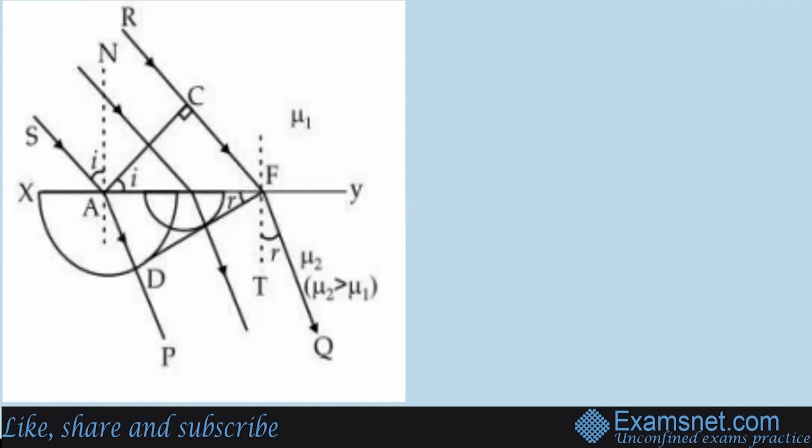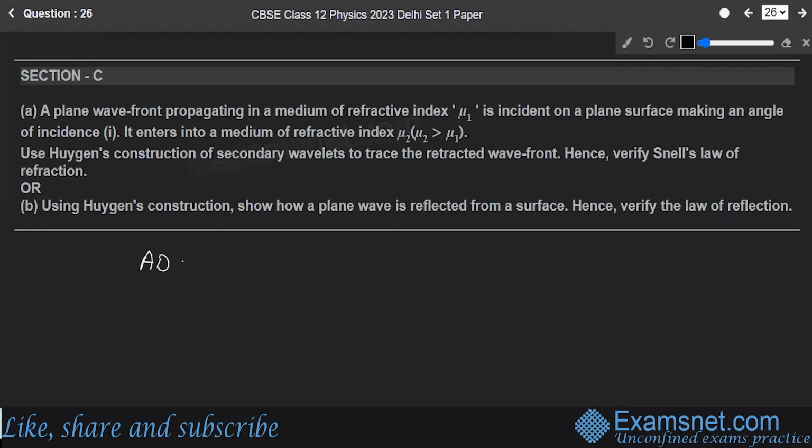Now, when the point C of the wavefront in medium 1 traverses CF in the time t, the wavelet from the point A traverses AD. If V1 and V2 are the speeds of light in medium 1 and medium 2 respectively, then AD will be given by V2t and CF will be given by V1t.